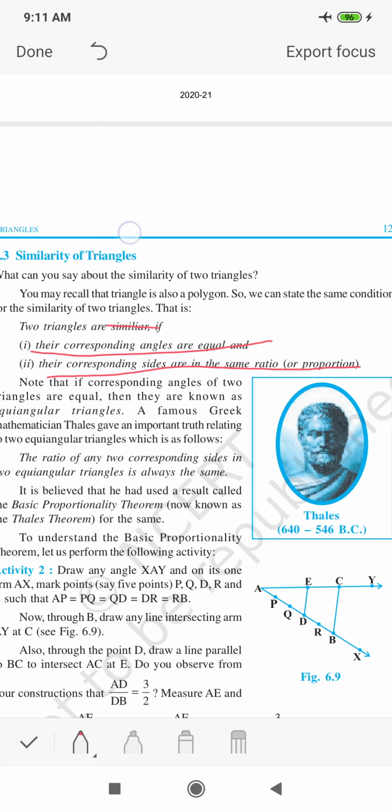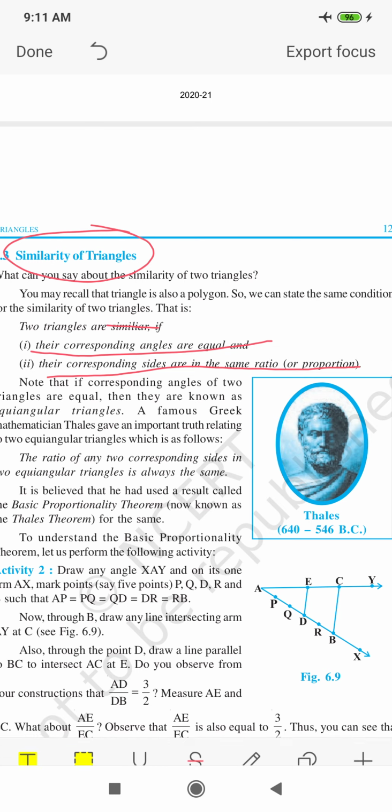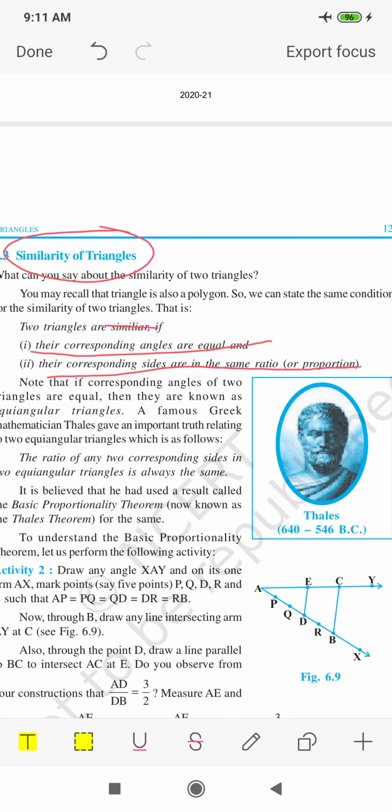On this topic we are going to see all the exercises from here onwards. After this we are going to learn a very important theorem, the basic proportionality theorem, also called Thales theorem. Its proof we are going to learn in the next session.